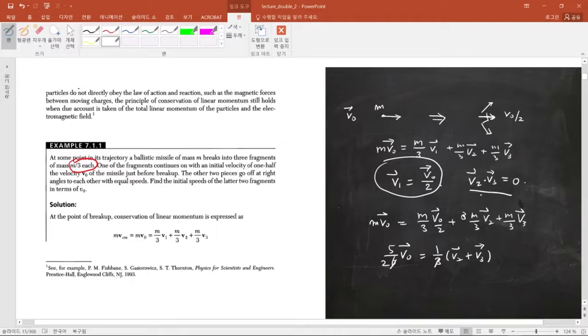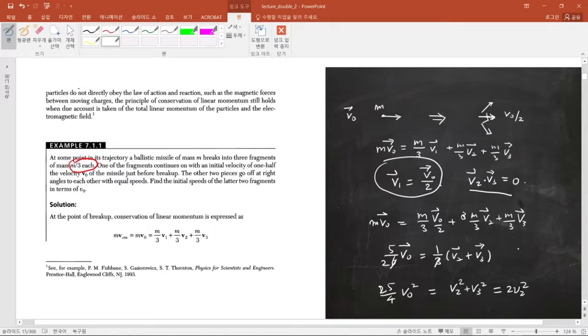So now you have to use this one. So you square it, and it gives you 25 over 4 V0 squared should equal to what? Let's do it just V2 V2. So it has V2 squared plus V3 squared. Since V2 V3 is equal to 0, but they also go with the same speed, so that is going to be 2 V2 squared.